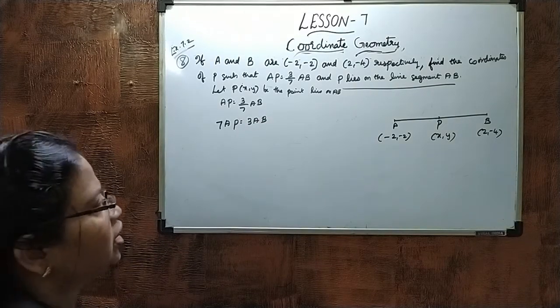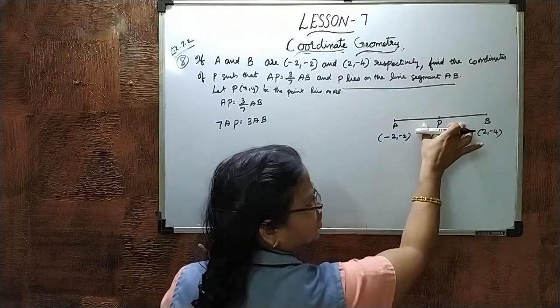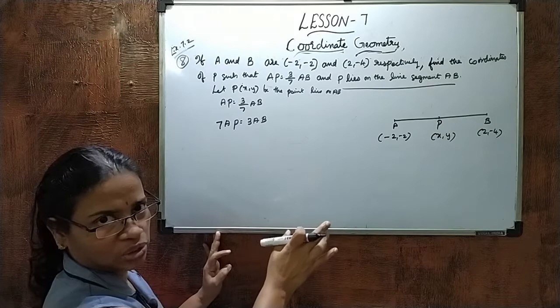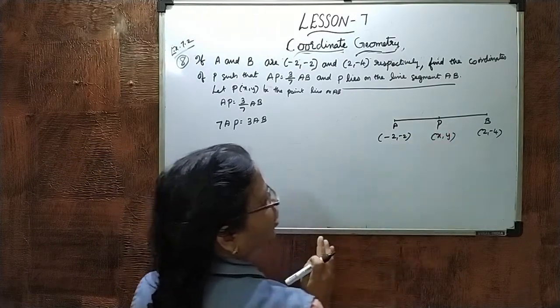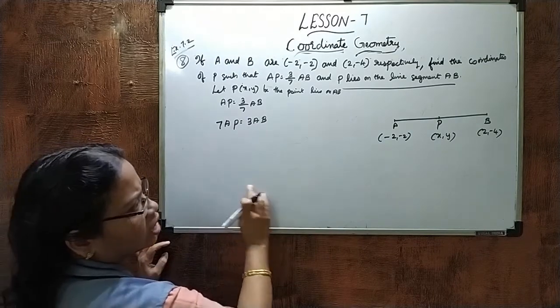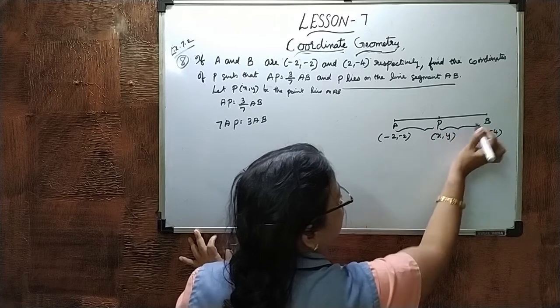What is the next step then? We want the ratio. Ratio means AP and PB, the two sections. It is not the middle point, so we have to find the ratio of these two sections. AB, how can you write? AB means AP plus PB.